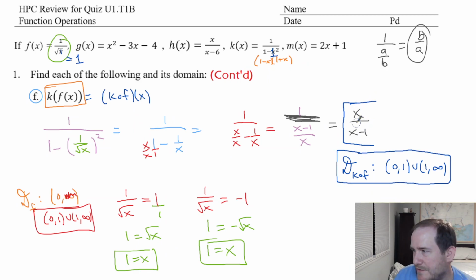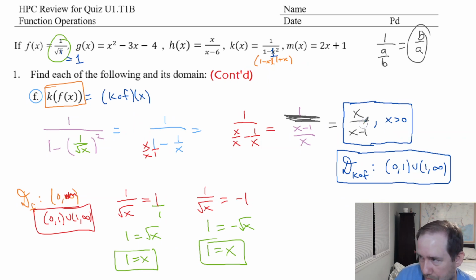So what do I have to do over here? The thing that's missing here, the thing that's not obvious at all, because the radical got washed away when we squared it, is that x's can't be negative. We need them to be non-negative. So I think we just have to stipulate that x has to be greater than 0. I don't have to really address the 1, because the 1 is already obvious from the domain.